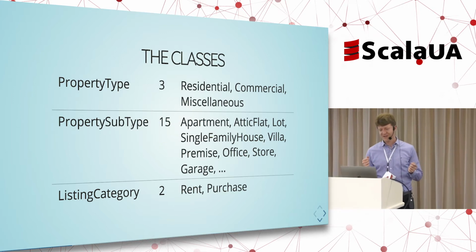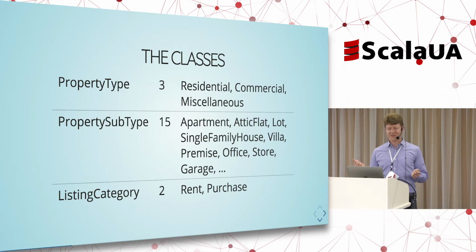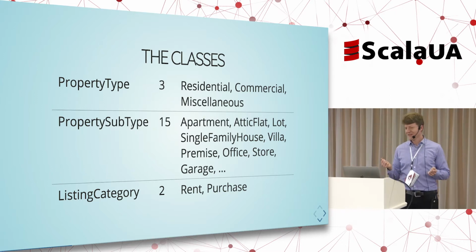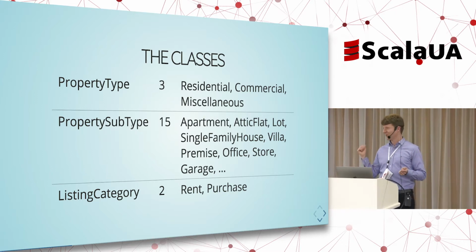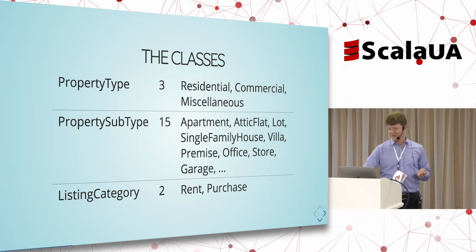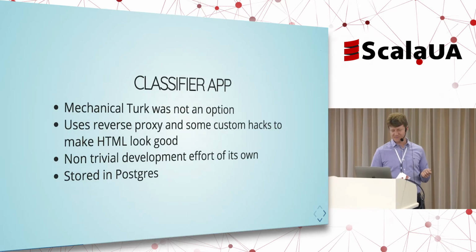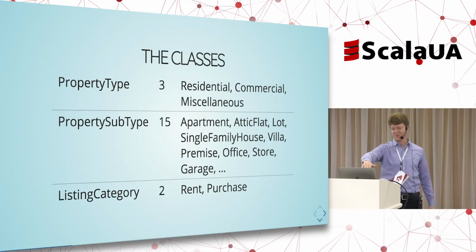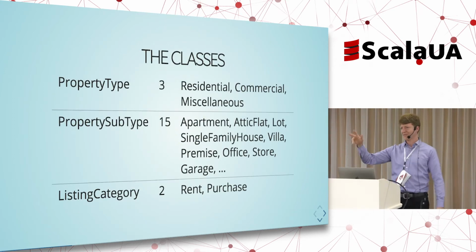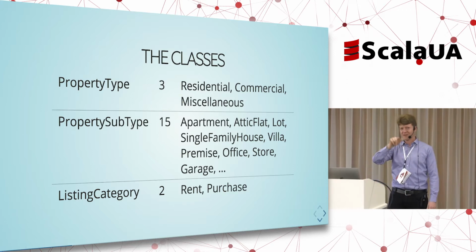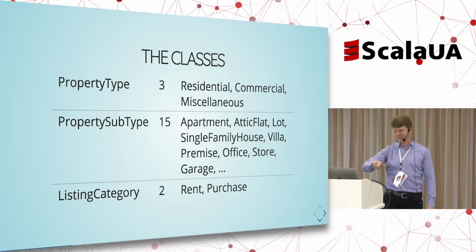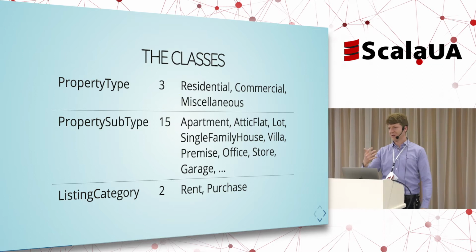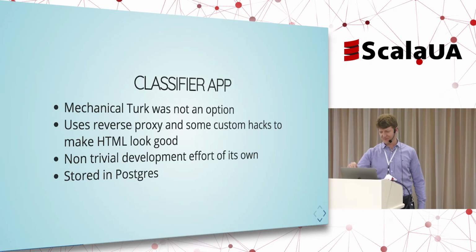And last but not least, there is the listing category. There are just 2 possible values: one is rent and one is purchase. The task of the classifier was to correctly assign all of these 3 classes to each HTML listing that it processed.